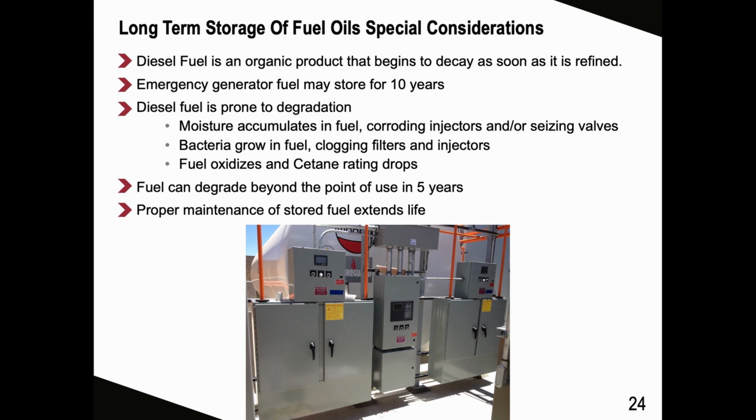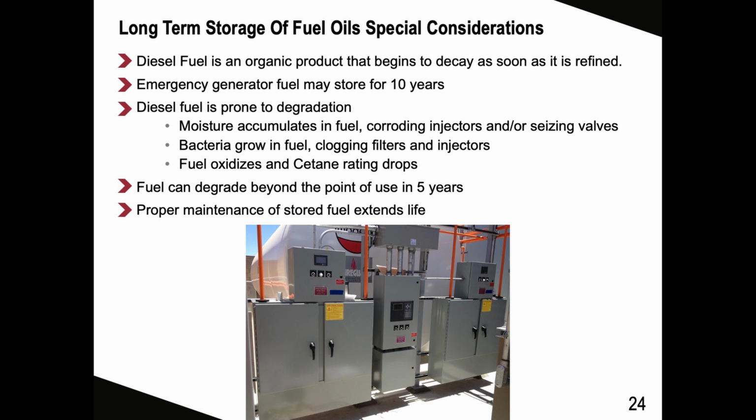Diesel fuel is prone to degradation as the moisture accumulates in the fuel, which will corrode the injectors on the generators, and it will seize valves. The bacteria likes to grow in between the oil and the water interface, which will again clog filters and injectors in the generator when you really need that emergency generator.